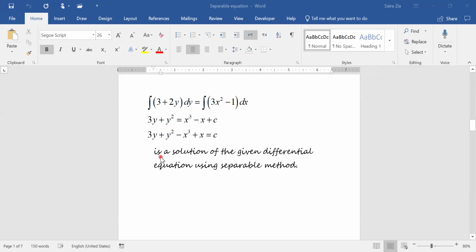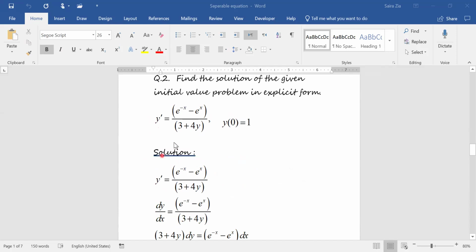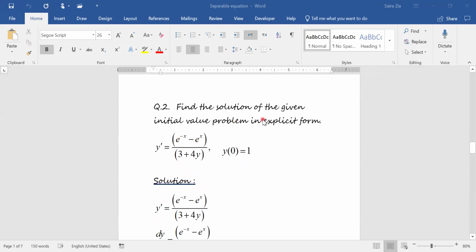Okay, next we can solve another question, which is an initial value problem. The initial condition is given that y of 0 equals 1, and we have to write down the solution in explicit form. Explicit form means that at the end, when we get the solution, we have to rearrange it to express y in terms of x.